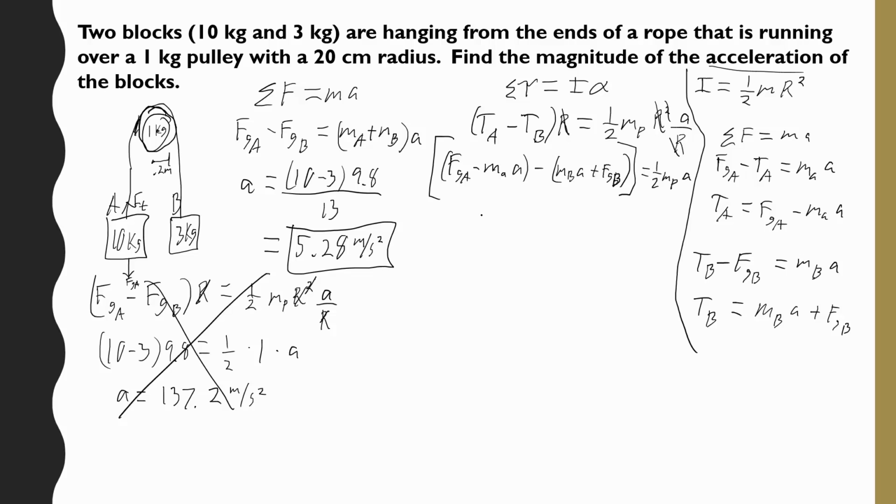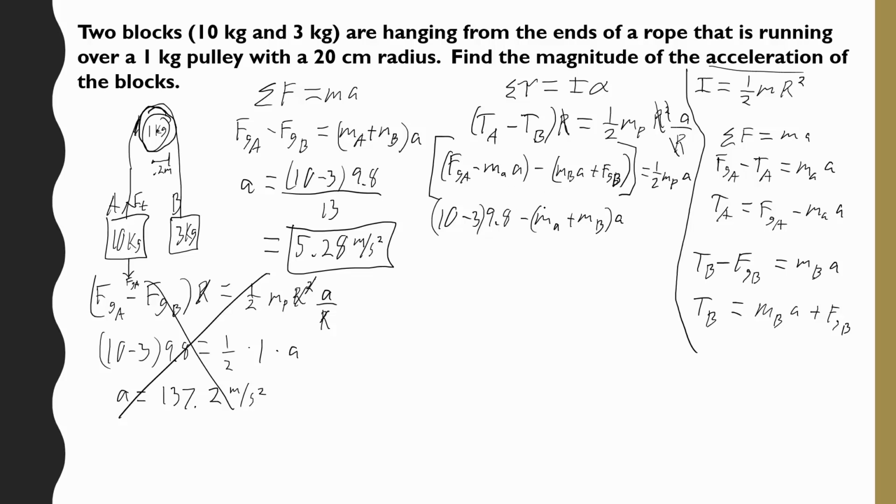If we want to factor some things out, we can. So I'm going to have gravity of A minus gravity of B when I distribute that. So that is going to be 10 minus 3 times 9.8. So those are my gravities. And then I'm going to have minus mass of A, I'm going to write it this way, plus mass of B times acceleration.